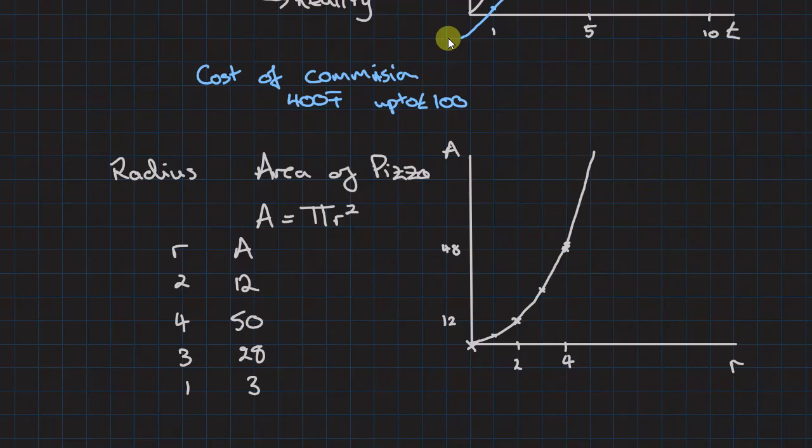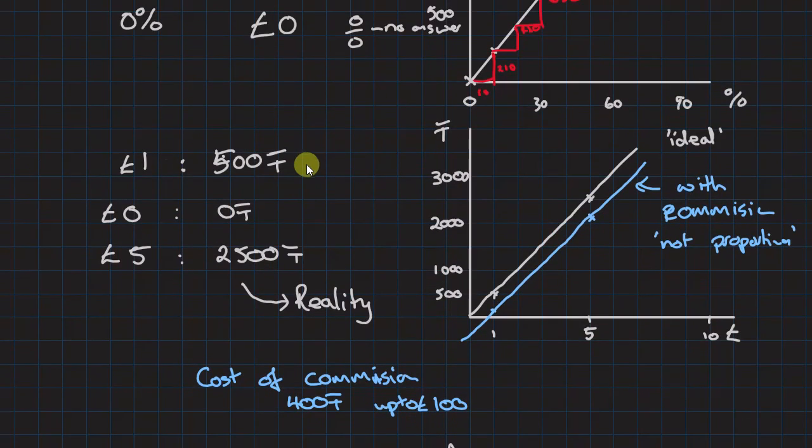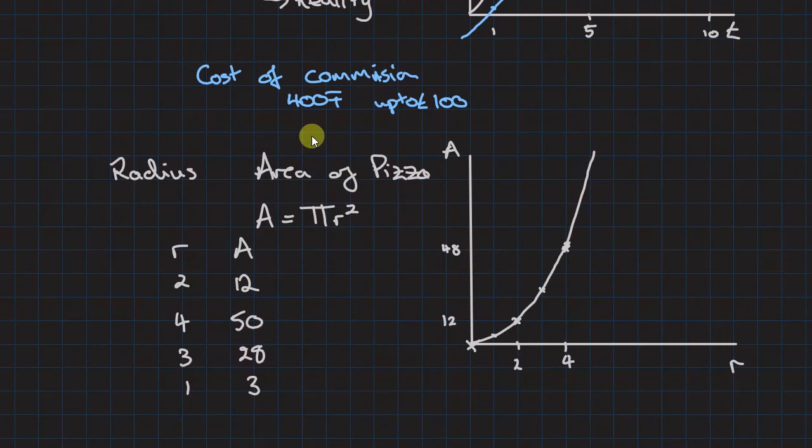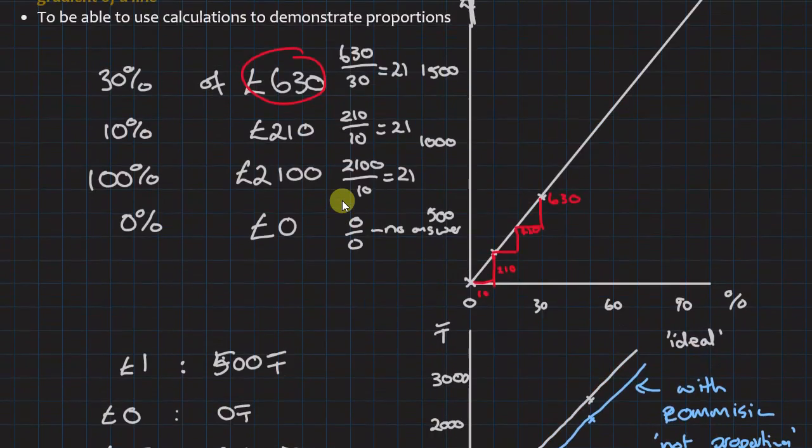So a lot of problems are often in some way proportional, and one way to solve them is by calculating equivalent fractions. That's what we've been doing with things like percentage calculations here.